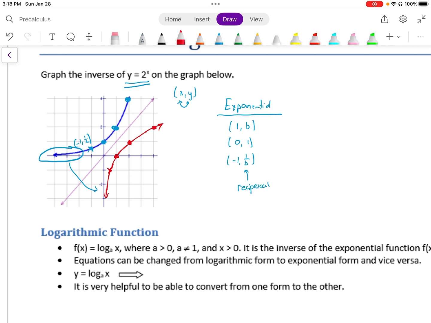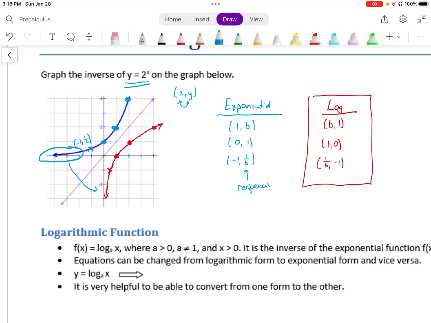So when we graph the inverse, which are logarithmic functions, we're going to graph the point (b, 1), which is the base and 1, the point (1, 0), and the point (1 over b, -1), where again 1 over b is the reciprocal of the base. And so those can be three key points that help us.